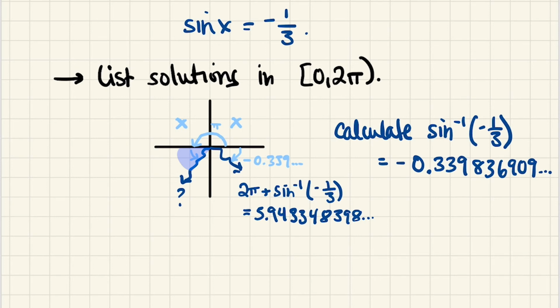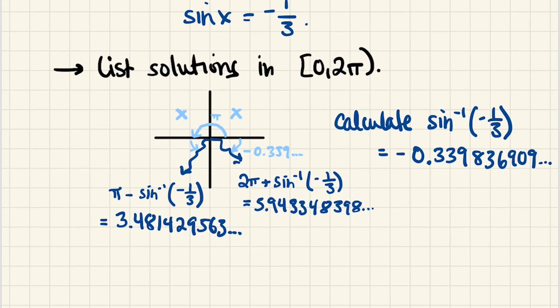So okay, well, how do we do that calculation? That's going to be pi, and we want to add the positive version of this number right here. So why don't we just subtract that number? So that's going to be like pi minus the inverse sine of negative 1/3. Well, that's something we can actually calculate, and that comes out to 3.481429563.